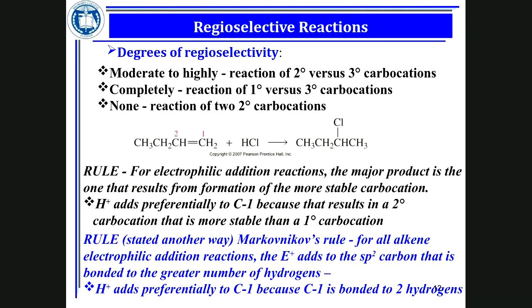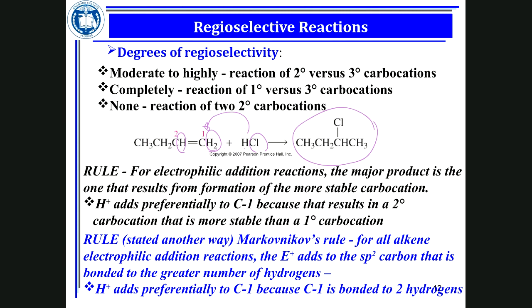If hydrogen is added to carbon 1, carbon 1 has 2 hydrogens, carbon 2 has 1 hydrogen. So carbon 1 with 2 hydrogens is going to gain the hydrogen, and carbon 2, with the lesser number of hydrogens, will gain the counterpart. And this is going to be your major product.